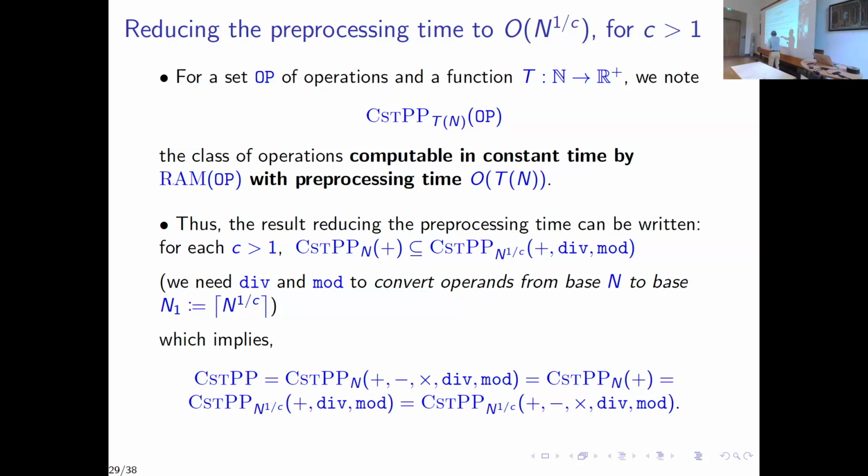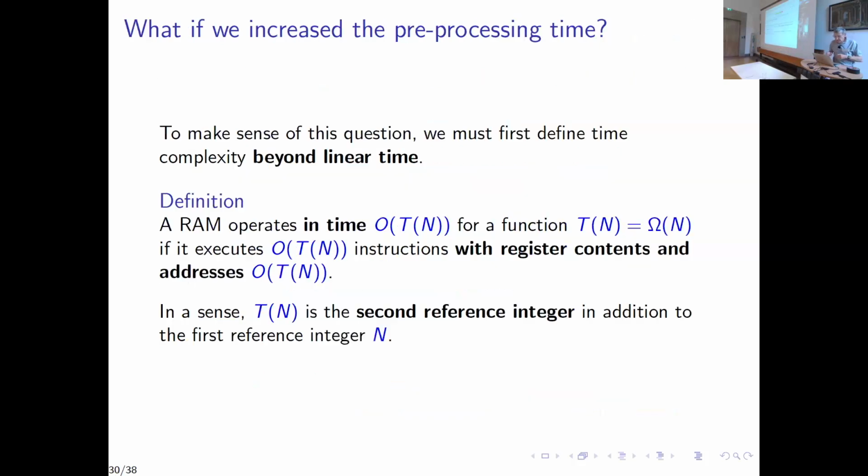So we have a reverse result, but including mod and division, in fact, division. But if we increase the preprocessing time, it's not reduce, we enlarge.